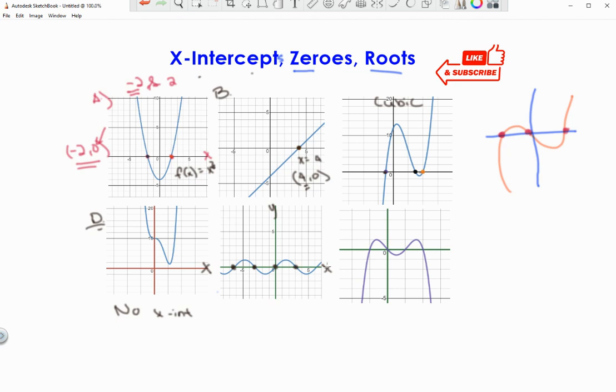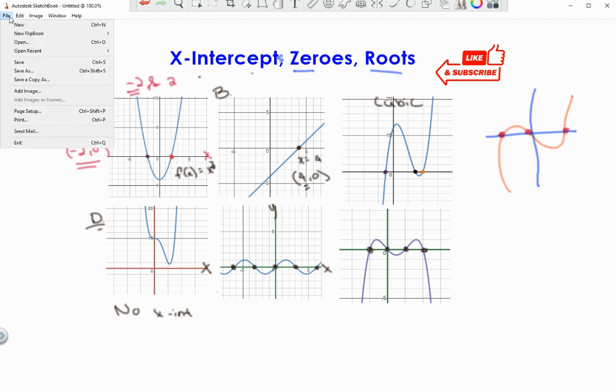So it comes every so often. So you have all of those. Those are all your x-intercepts. Now, this one right here is also another quartic. It crosses the x-axis 4 times. So in this case, you have 4 x-intercepts. Okay, so that's how to recognize or determine the x-intercepts, zeros or roots based on a graph.